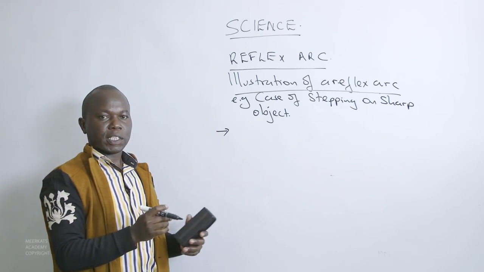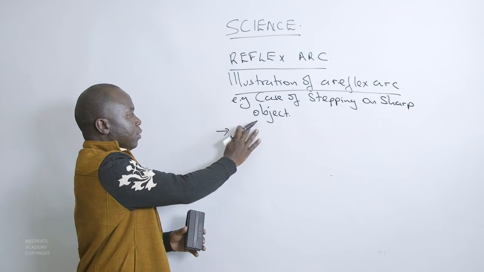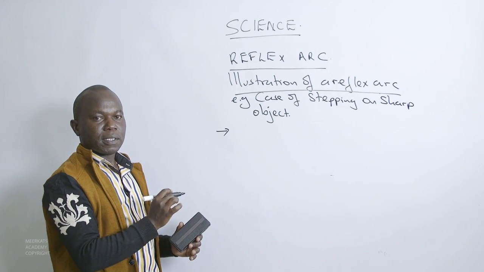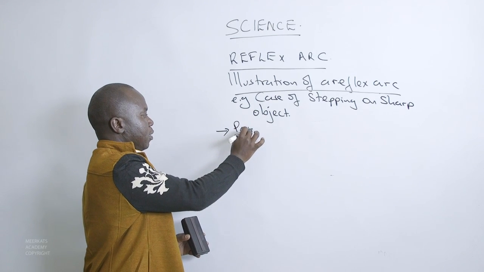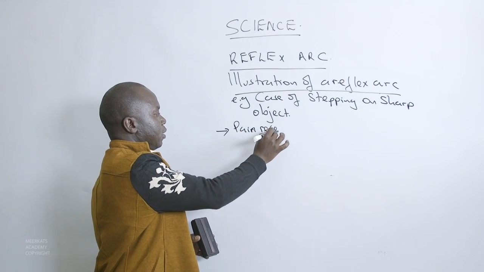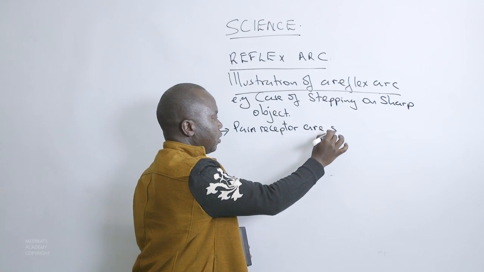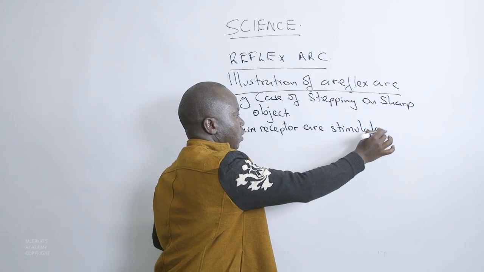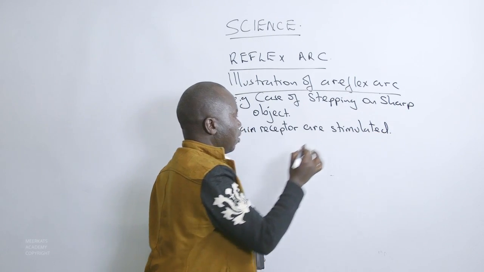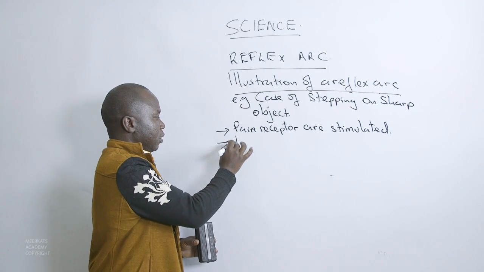So when you step on a sharp object, these are the following. What will happen is that pain receptors are stimulated. When they are stimulated, they generate a nerve impulse.